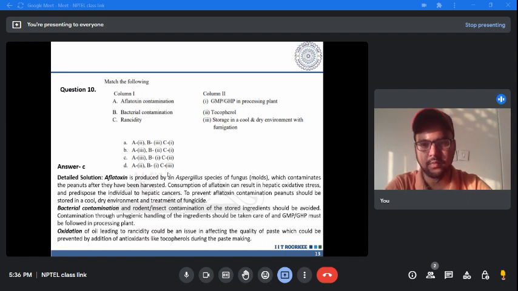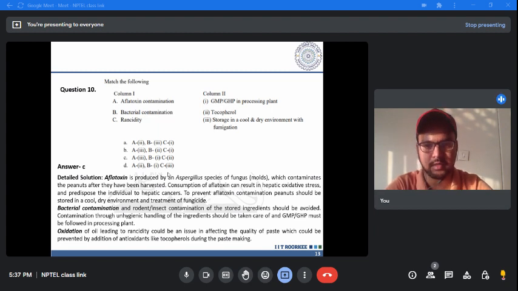Aflatoxin is produced by the Aspergillus species of fungus, which contaminates the peanut after it has been harvested. Consumption of aflatoxin can result in hepatic oxidative stress and predispose the individual to hepatic cancer. To prevent aflatoxin contamination, peanuts should be stored in a cool, dry environment with treatment of fumigants. Then bacterial contamination: rodent and insect contamination of the stored ingredients should be avoided.